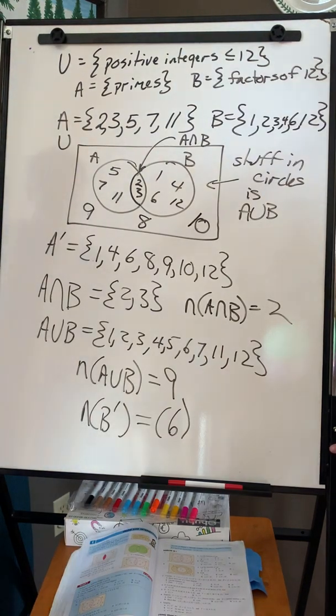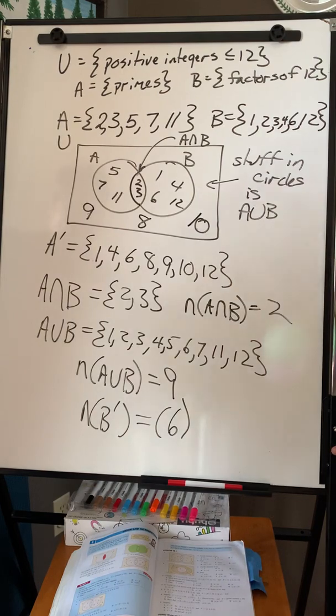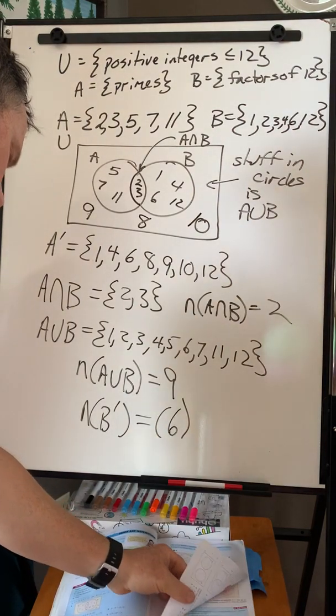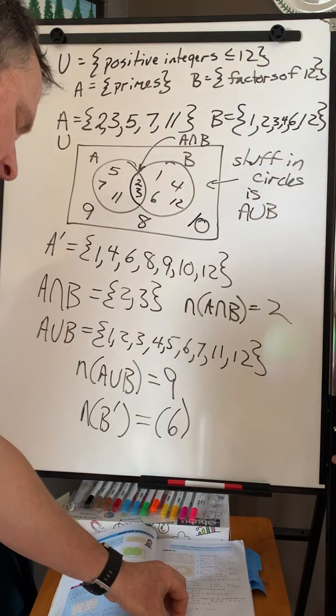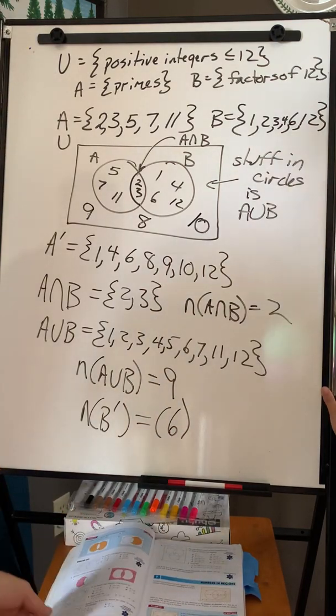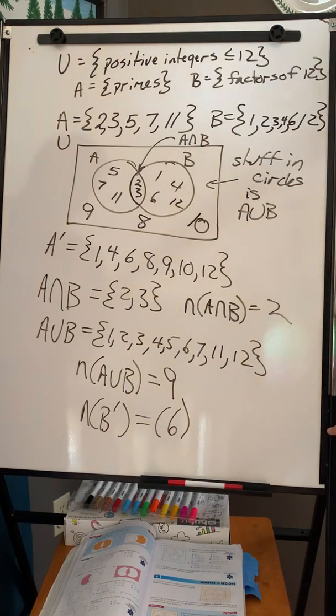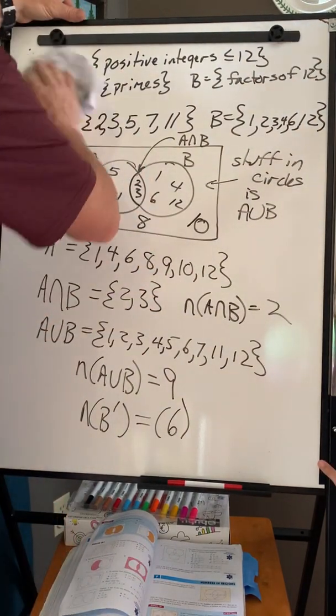There is another example, and actually, we'll throw it on this video because it won't take long. They do mention something called mutually exclusive sets or disjoint sets.